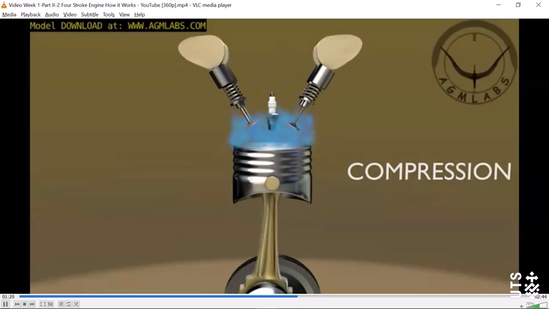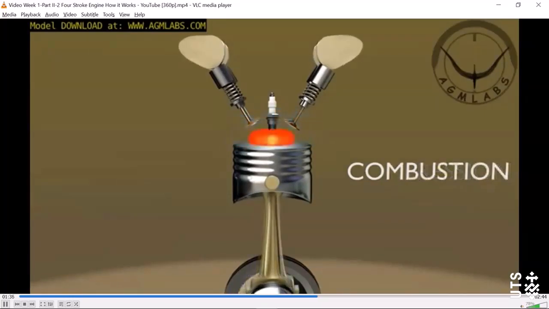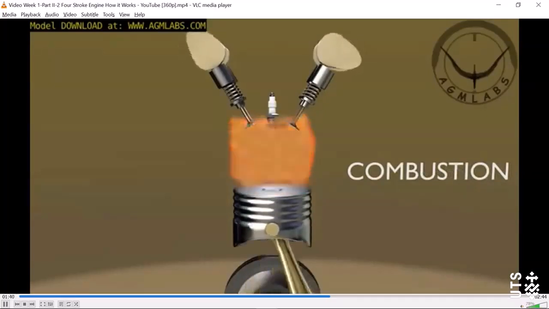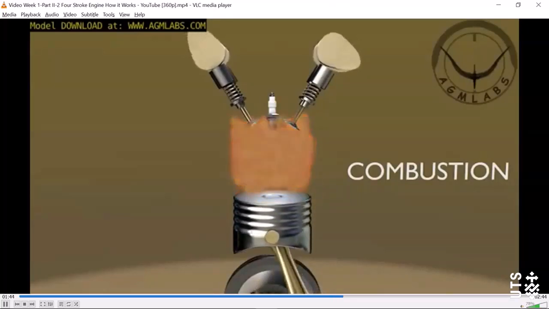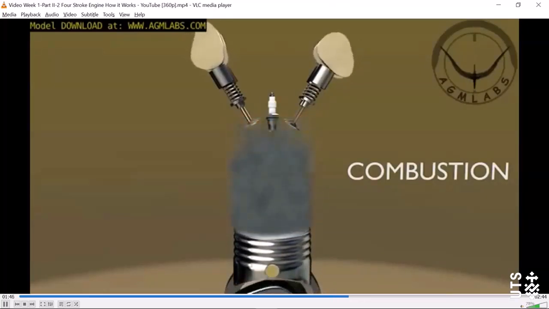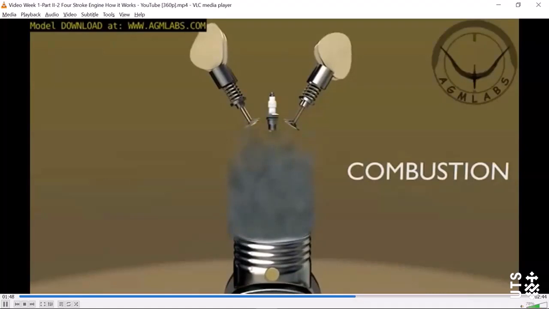Just before the piston reaches the top of its compression stroke, a spark plug emits a spark to combust the fuel-air mixture. Third, combustion stroke. The piston is now forced down by the pressure wave of the combustion of the fuel-air mixture. The engine's power is derived from this cycle.